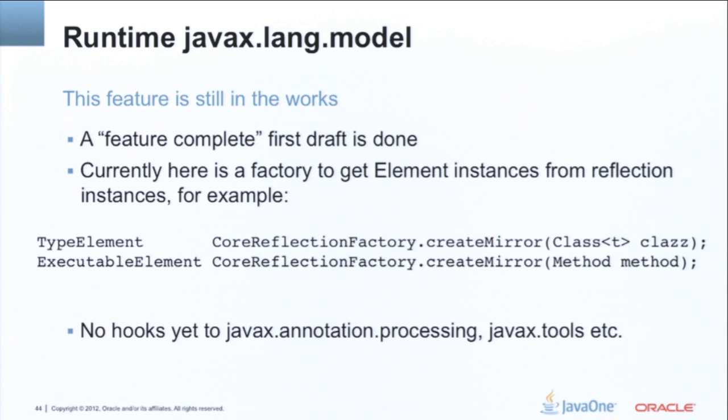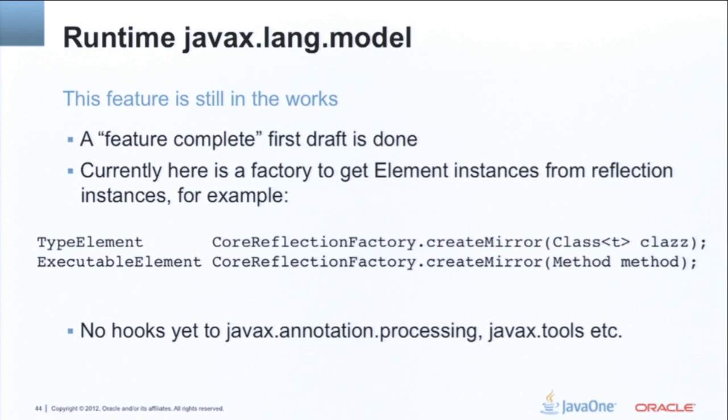It's currently named CoreReflectionFactory. So I have two examples here. I get a type element from a class, and also I get an executable element from a method. And this is all I need to do to sort of jump into the model world.